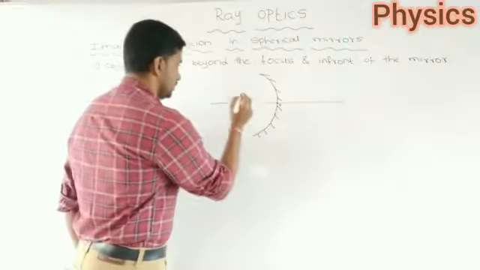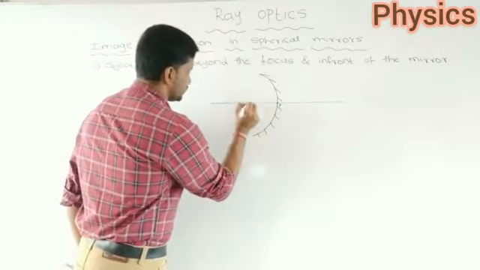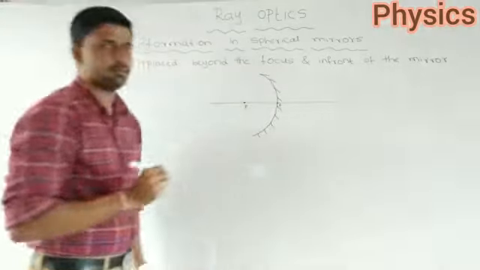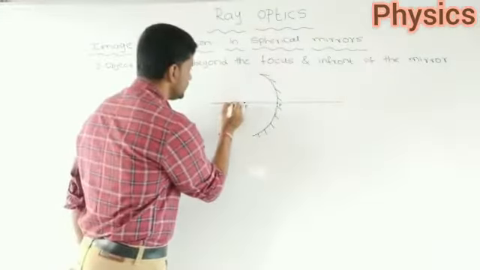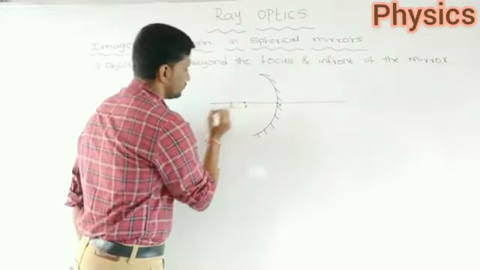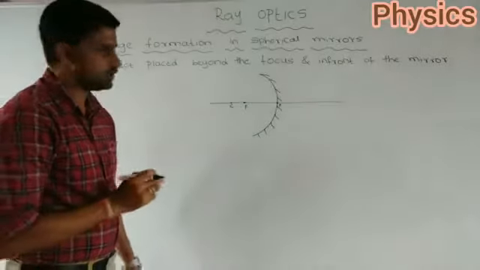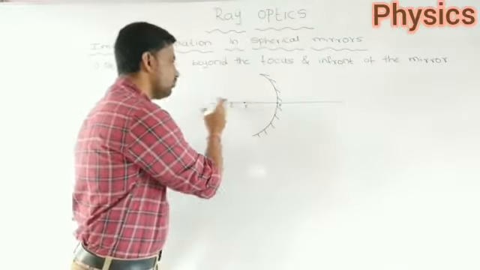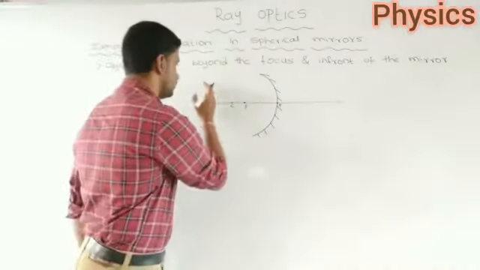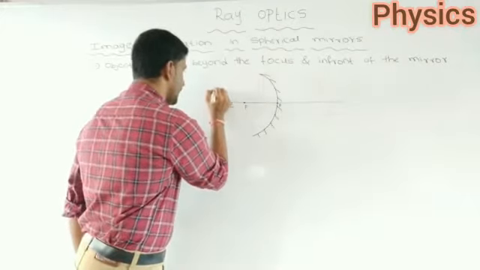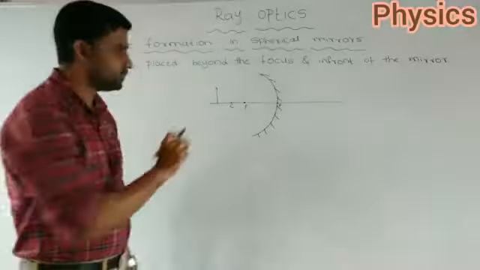See here, assume that this is the focus of this mirror, and this is the center of the mirror. Then I should keep the object beyond this principal focus, like this. This is beyond the principal focus, and that object should be in front of the spherical mirror.